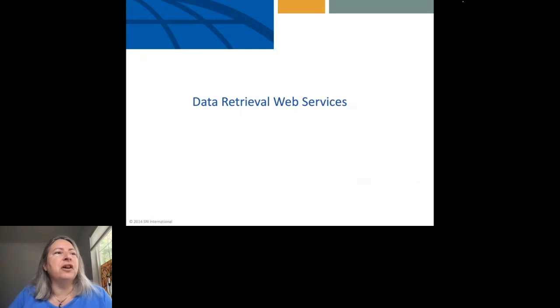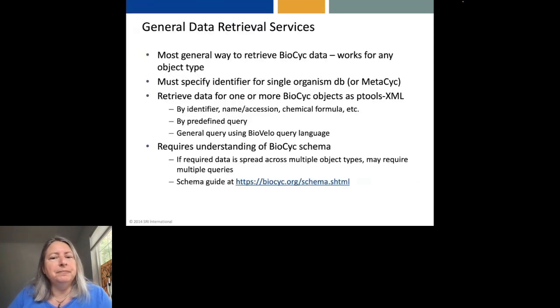So let's get started talking about our data retrieval web services. We have both some general data retrieval web services, and we have some more specific ones. The general services work for pretty much any object type.